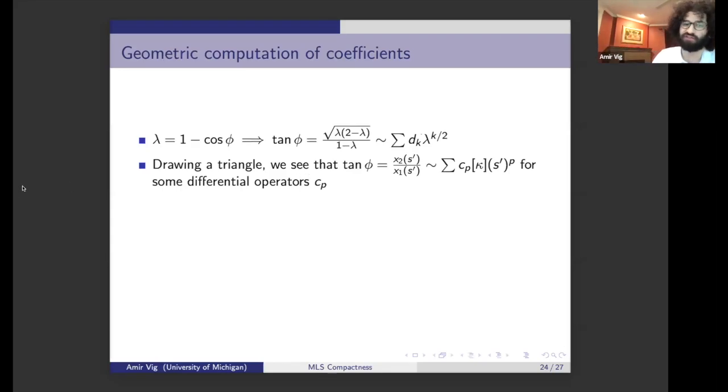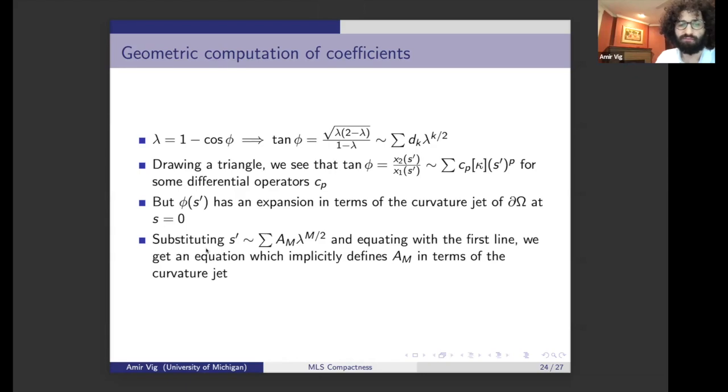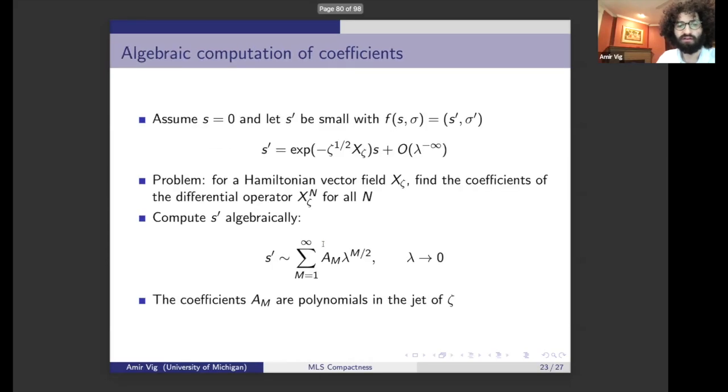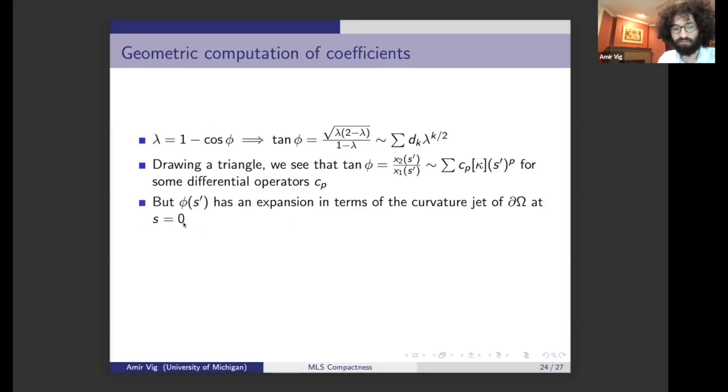So these c_p are differential operators. But we also know that S prime has an expansion in terms of this lambda from above. So S prime has an algebraic expansion, and here's a geometric expansion.